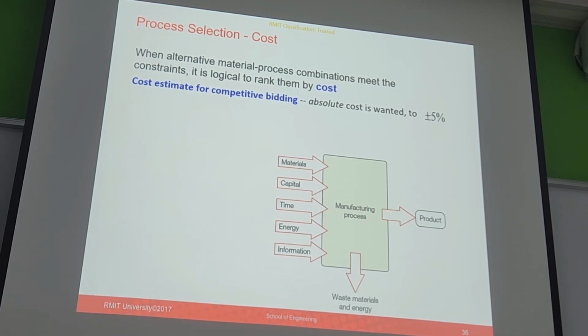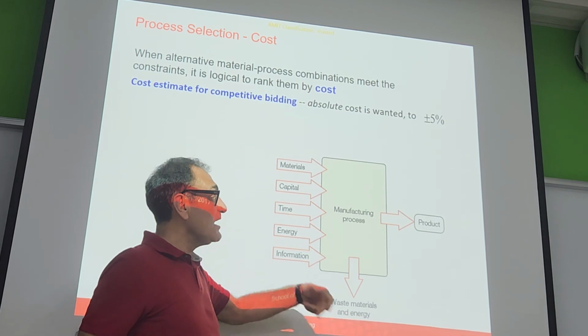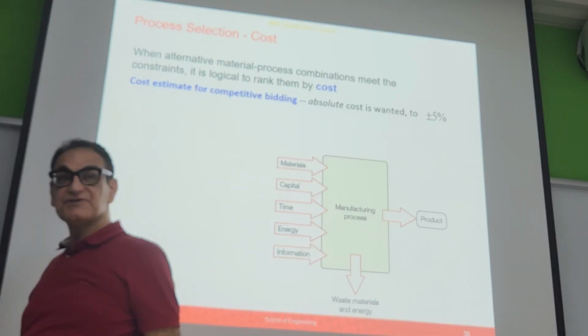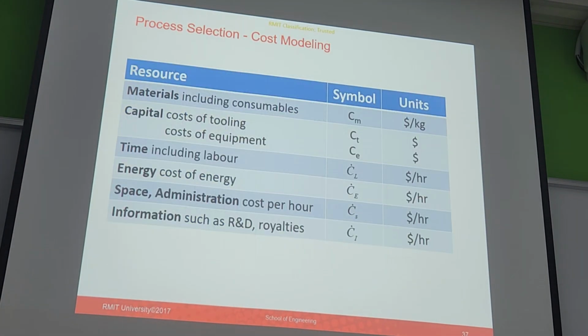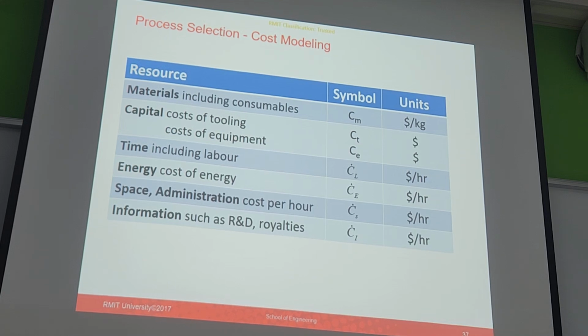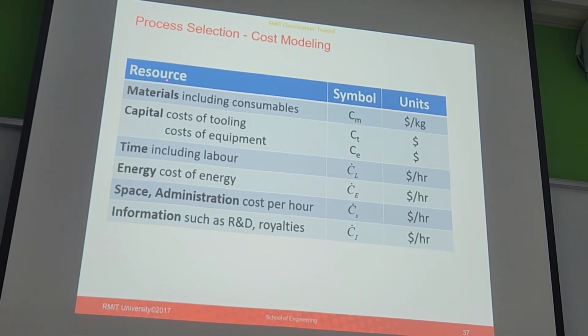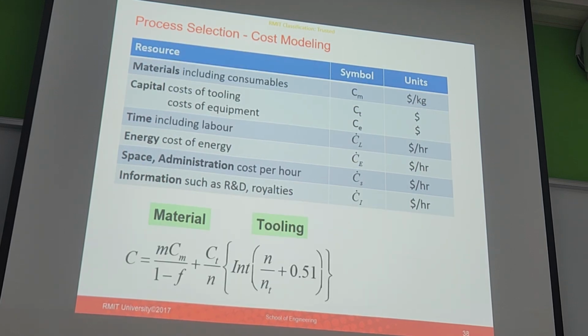You understand, reducing the waste, or energy, is your job. And your job is more production and good production. So if you look at this, you have to use mathematical modeling to find all of this: for example, material, capital, time, energy, space, administration and information, and the cost of them.